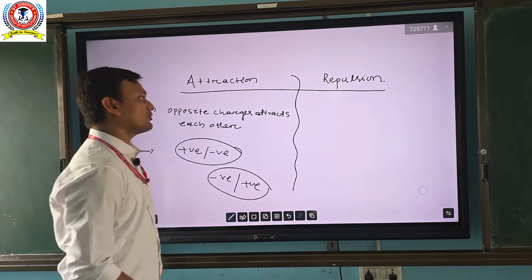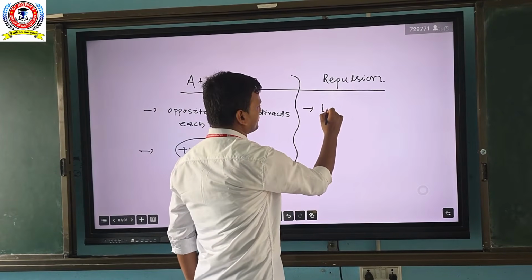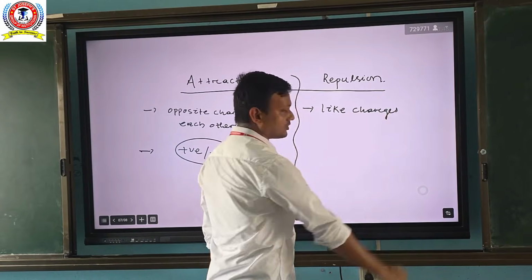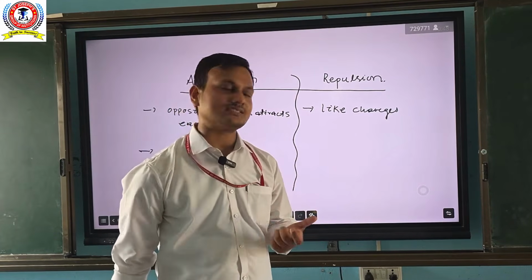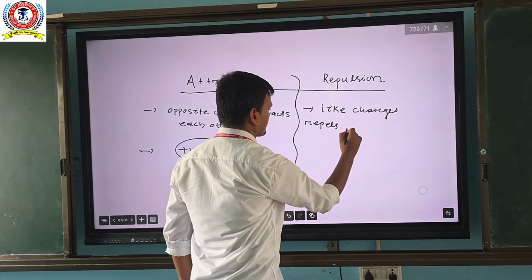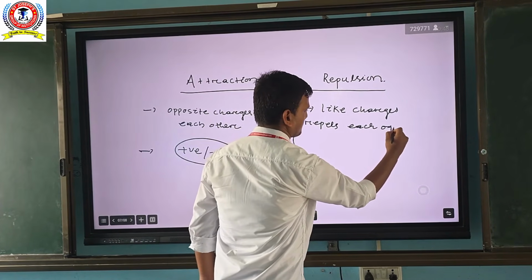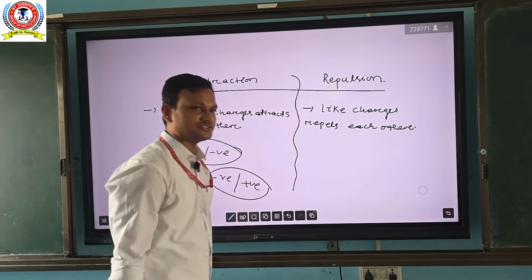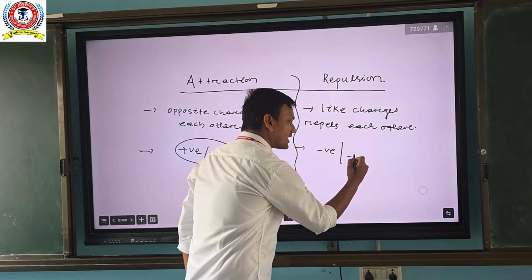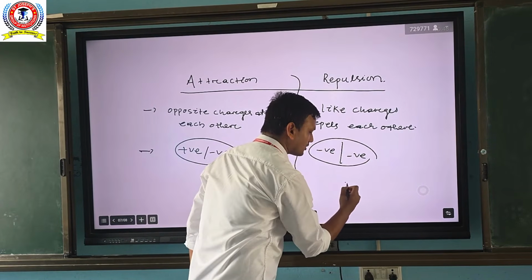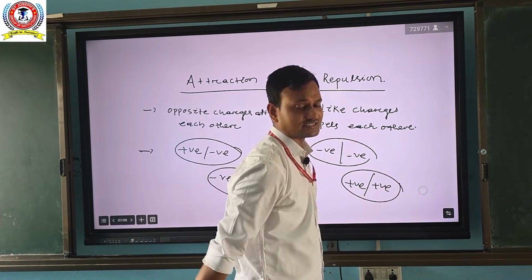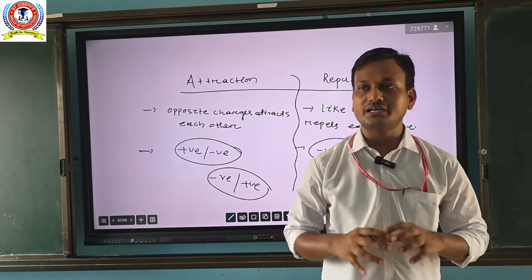Let's come to the first point of repulsion. Repulsion means like charges, or same charges, repel each other. Same charge means when a negative charge comes in contact with a negative charge, or a positive charge with a positive charge. That means when the same charges come close to each other, they repel each other.